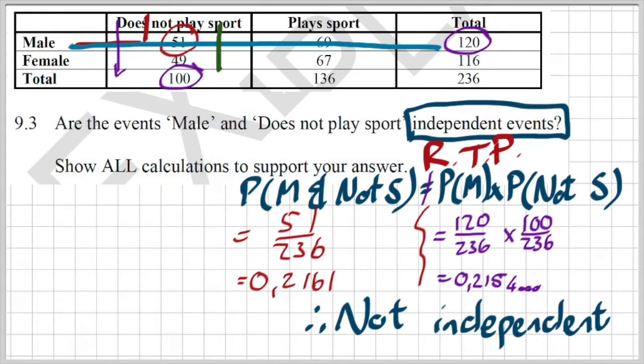It's just that it's not independent. It just means there could be an influence. There seems to be an influence, but we are not 100% sure. If we really want to check, we're going to have to take bigger and bigger samples until we are satisfied that being male or female does have an influence on whether you do sport or not.